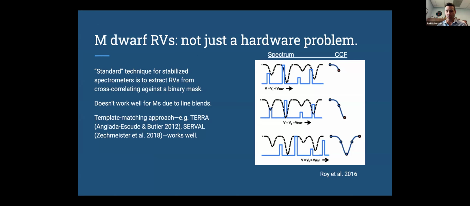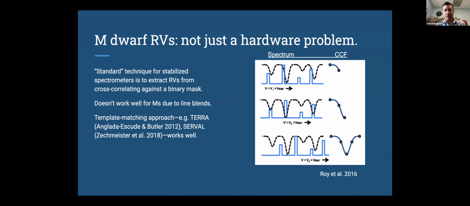You cross correlate your observed spectrum with a mask of lines where you expect lines to be at that spectral type, and you get essentially a super sampled average stellar line, and you can determine the velocity position of that line, and that's your RV measurement.